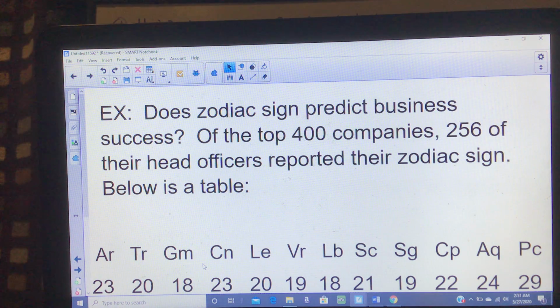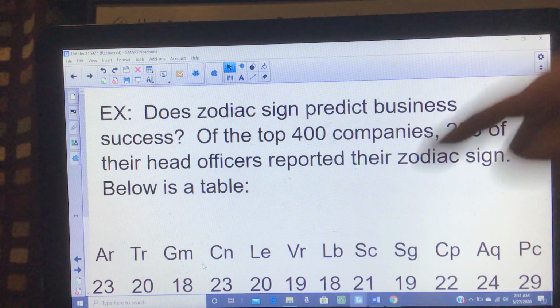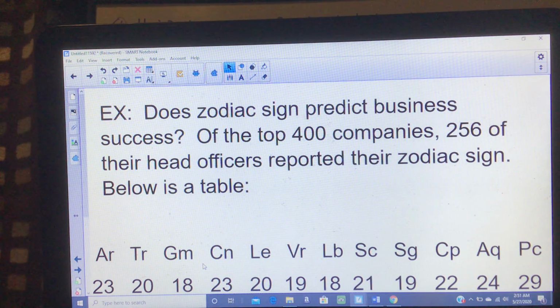Are Pisces just more likely to be successful in business? That's what your horoscope might tell you. The difference is 29 here, and like I said, only 18 in Gemini and 18 in Libra. So what we want to know from a chi-squared test is, this has a certain distribution.